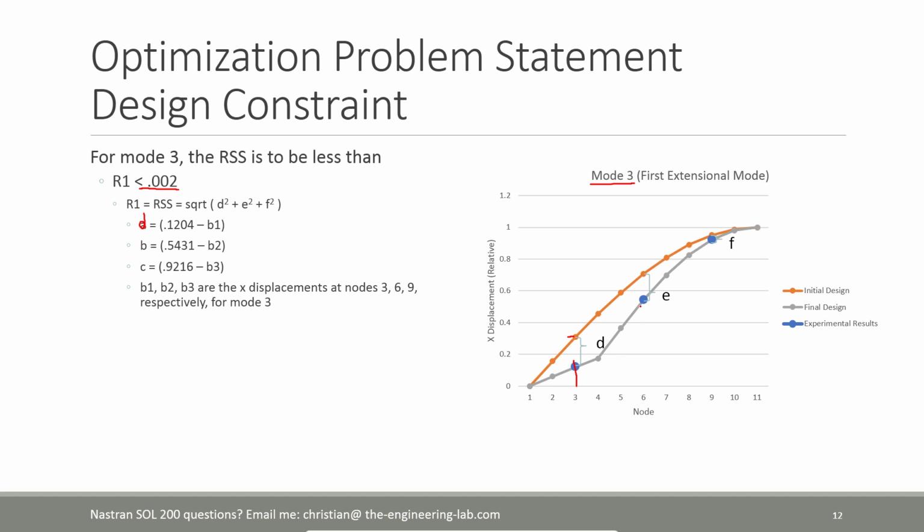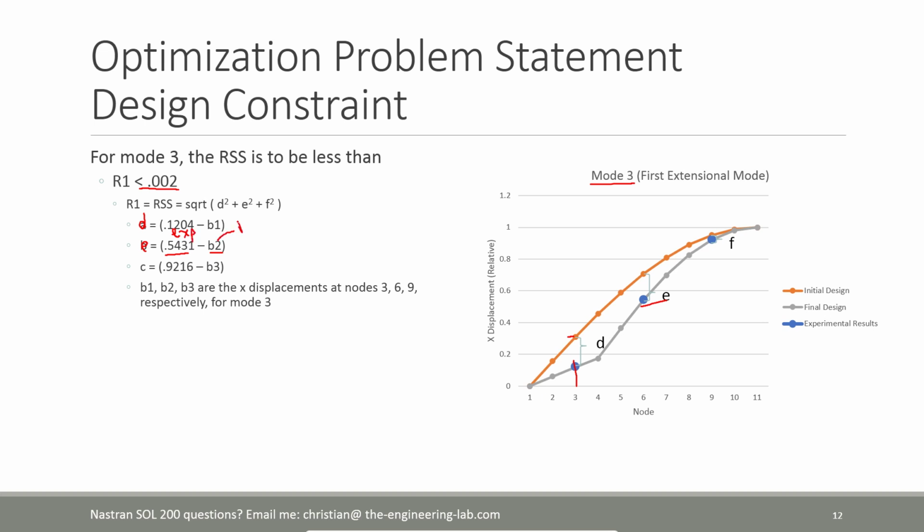This next value, E, will be the FE solution. So here 0.5431 is the FE solution. Here B2 is our experimental solution. And let me look at this. Oh, I believe I have this in reverse. 0.5431 is the experimental solution, so here I'll write EXP.